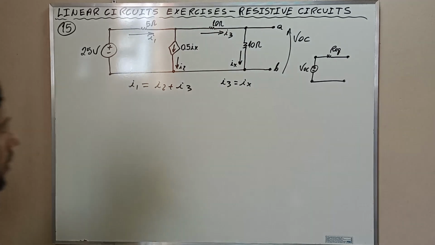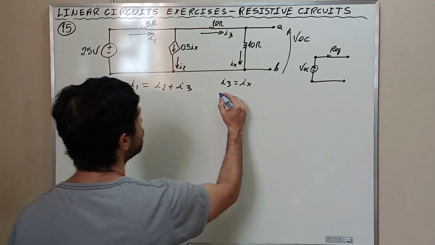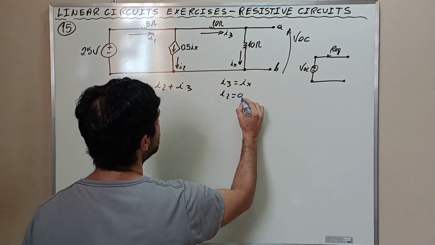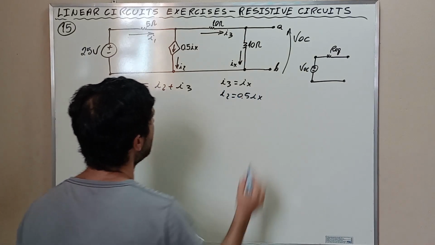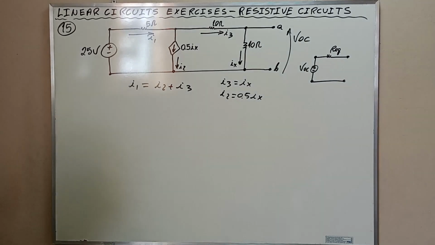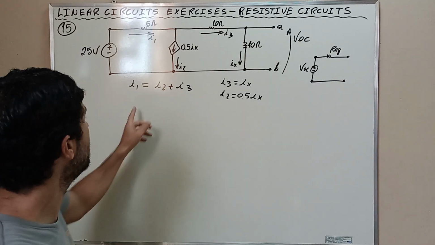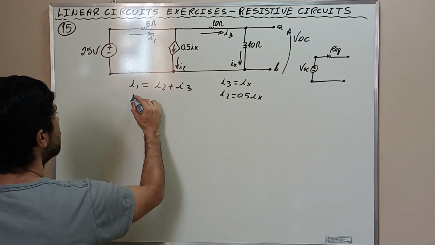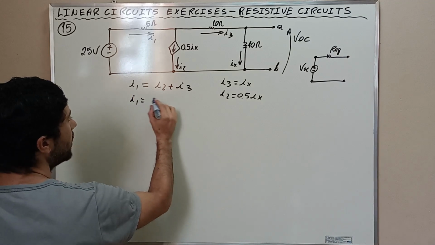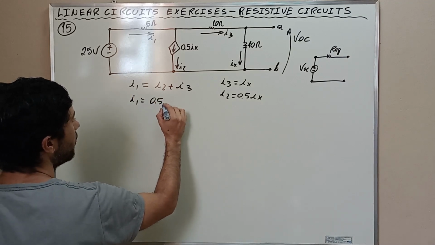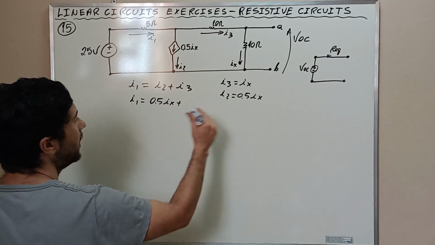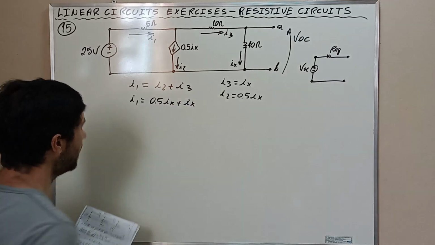All right, this is how we are beginning solving this exercise. All right, my friends, and how about the value of I2? We know that the value of I2 is equal to 0.5 times Ix. Then, substituting this here, we know that I1 is equal to I2, 0.5 Ix, plus I3, and I3 is Ix.